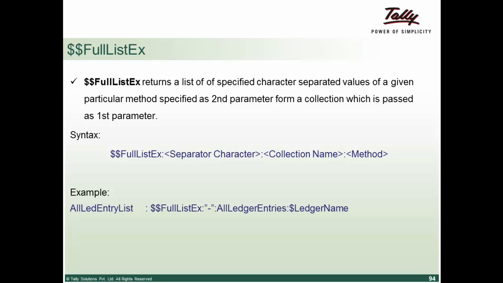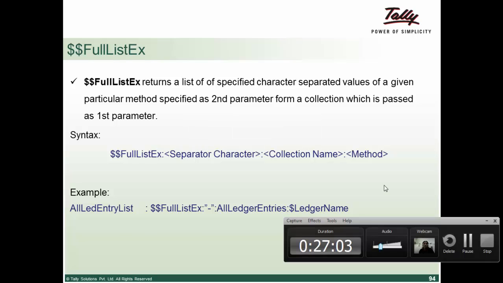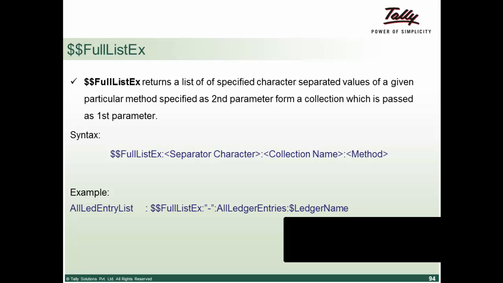When you provide a full list function, the separator is always a comma. However, with the full list EX, you can provide your separator, whatever your separator character is. So it is $full list EX colon the separator symbol that you need, colon your collection name, colon your method name. So that's how full list EX works.